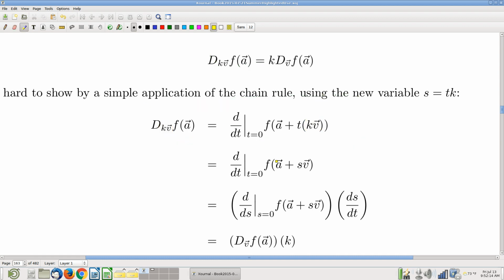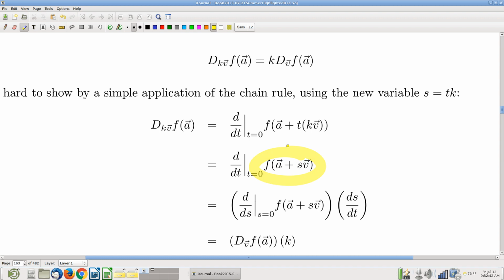Well, let's see here. How do I take this derivative? This is not exactly what we've seen before. I'm going to do a substitution. Let me write s equals t times k. A little bit of algebraic gymnastics here. And in doing so, now notice I have a chain rule problem.